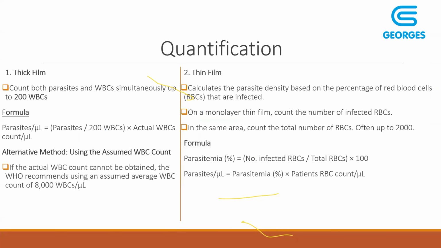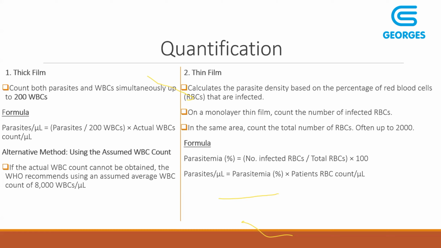Let us look at quantification of malaria parasites. A thick film can be used to quantify malaria parasites, where we count the parasites against the number of WBCs. When quantifying using a thick film, you need to count up to 200 WBCs, concurrently counting the number of parasites. So the formula to get parasites per microliter of blood is to count the number of parasites against 200 WBCs, and multiply by the actual WBCs.